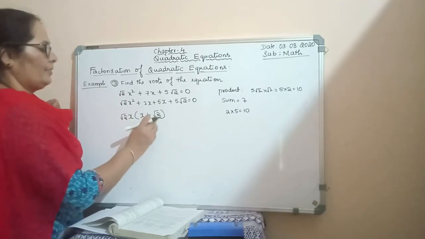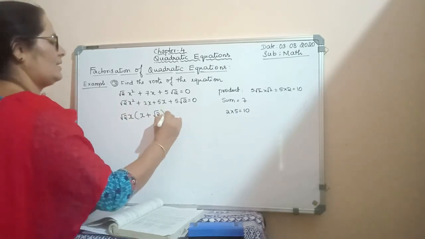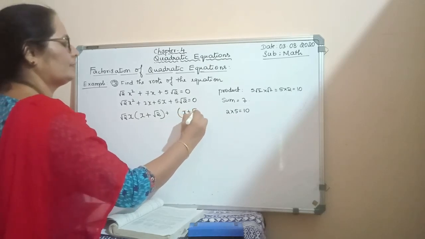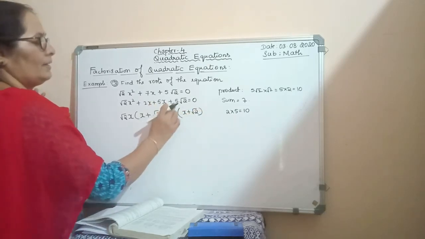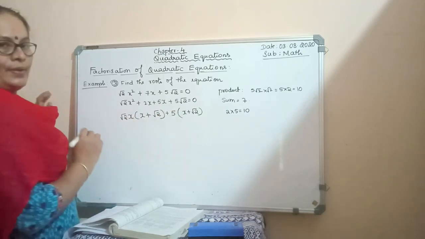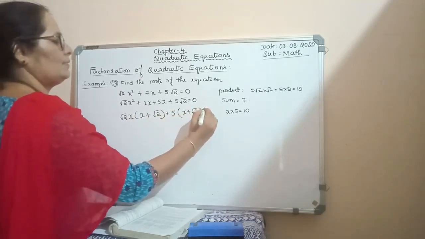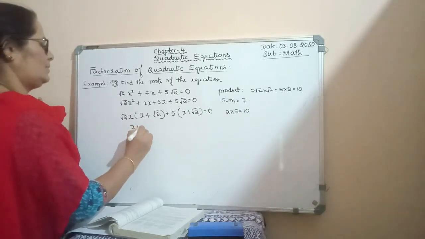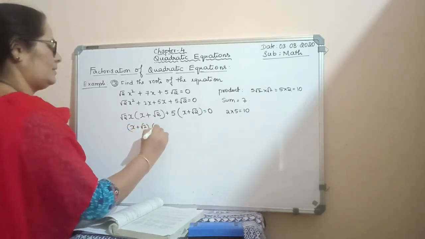Root 2 into root 2 is 2. Similarly here we have to take x plus root 2. So what is the common factor here then? 5 into x plus root 2 equals 0. So x plus root 2 is the common factor.